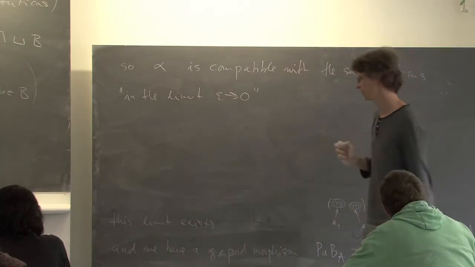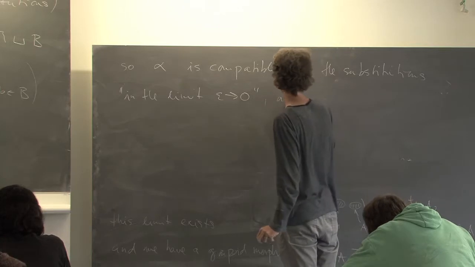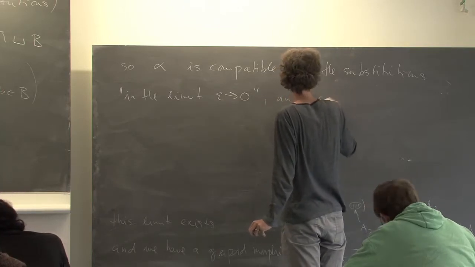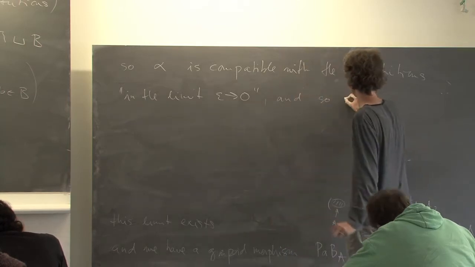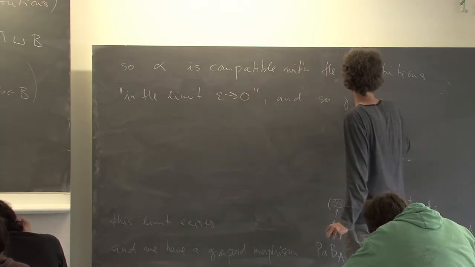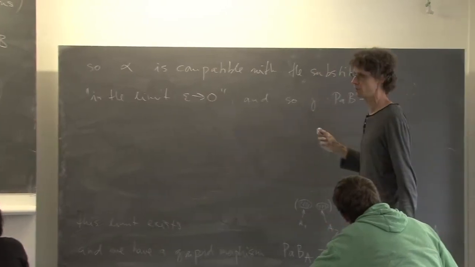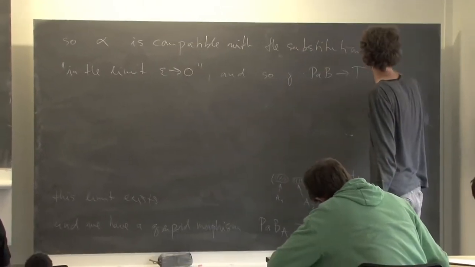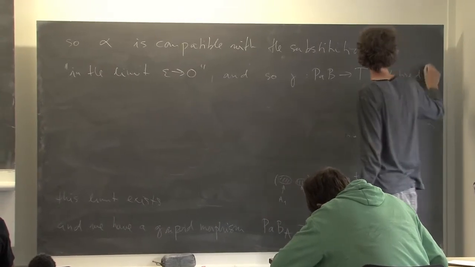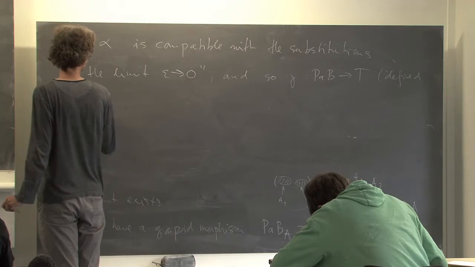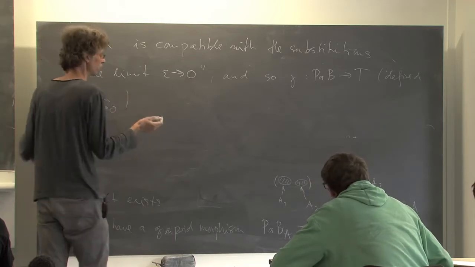And that's the reason, and that's why also. And so that gamma T, which was defined as the limit, is also compatible.